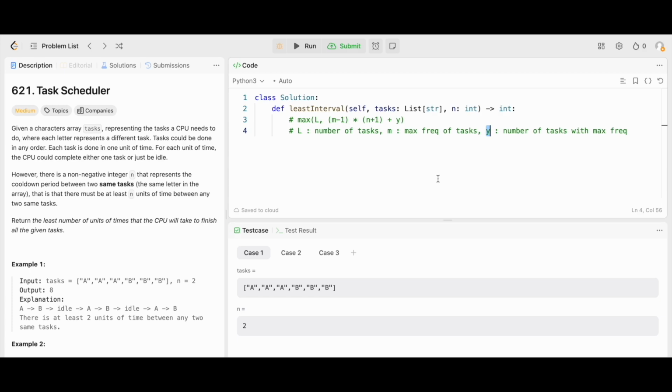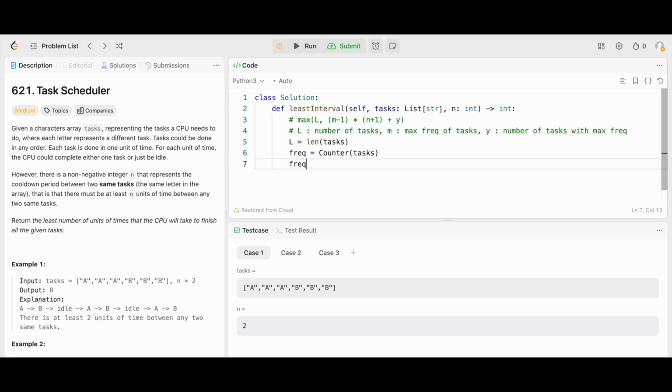So all we have to do is find each and every item of this formula and then just return the result of the formula. So L is the length of tasks that are given to us, and M is the maximum frequency of the task. So let's find out the frequency of the tasks using the counter, which takes tasks as input, and we want to find the maximum frequency.